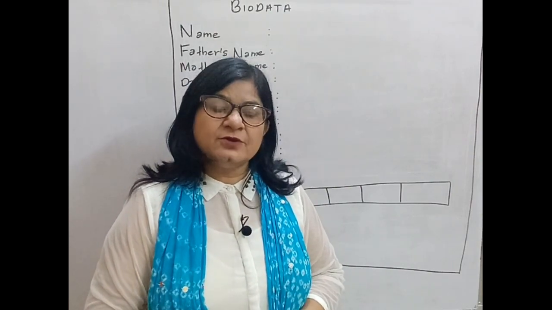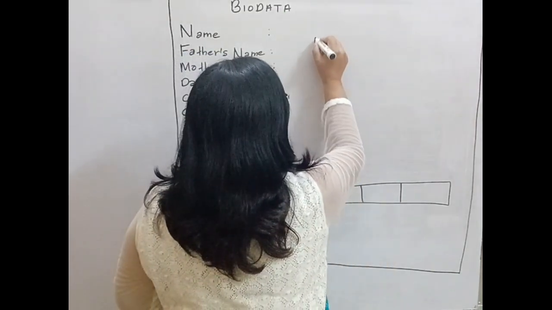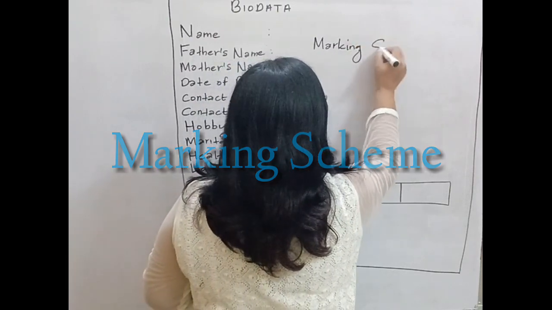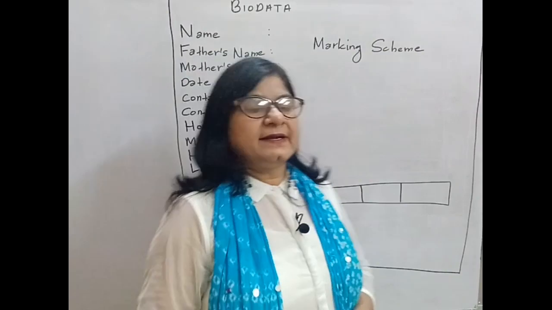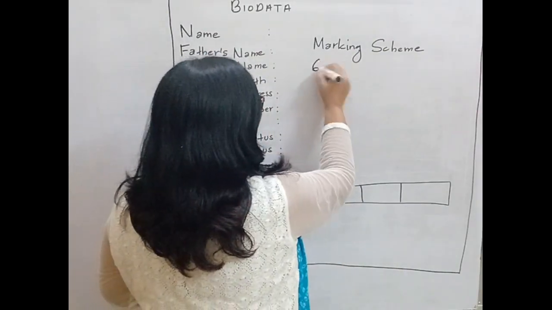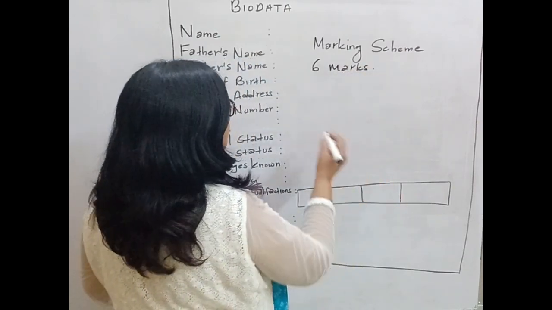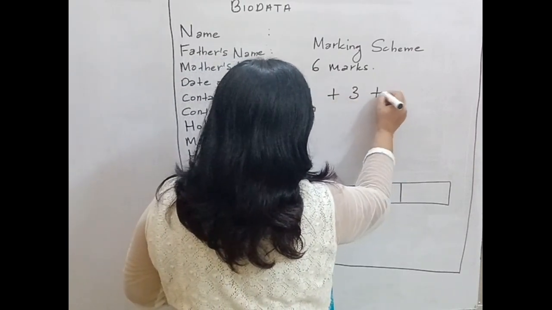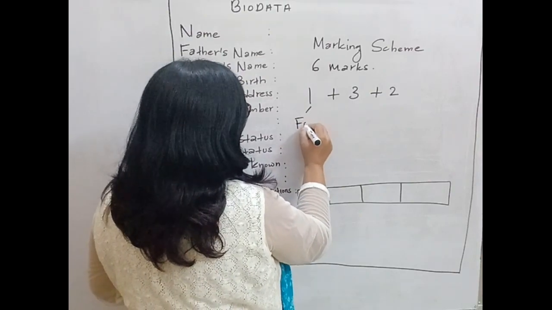And now I will tell you about the marking scheme. Letter writing, it is of 6 marks. The bifurcation is as follows: 1 plus 3 plus 2. 1 mark is for the format.